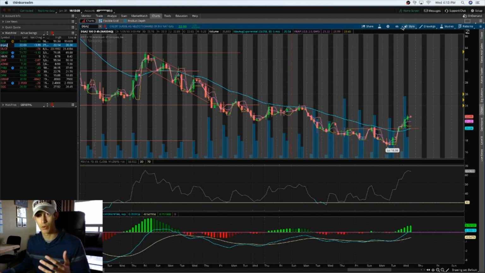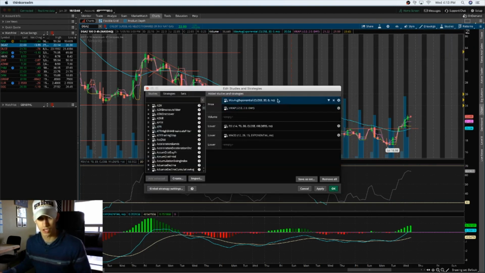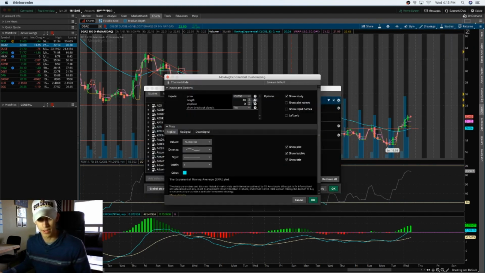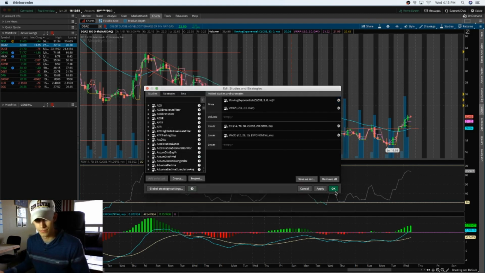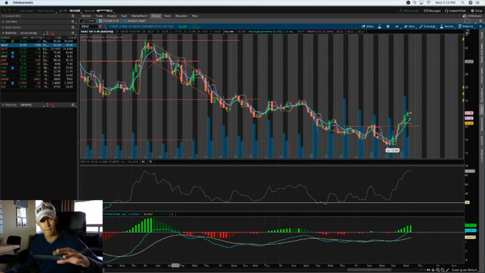But if we were to make this EMA line a little bit tighter, we're going to go here to studies. Look how the study is right now, and then we're going to change it to a length of, let's do 5, just so you guys can see the difference. And as you guys can see, the EMA line now is much more centered in between these candlesticks, and it's much more active.